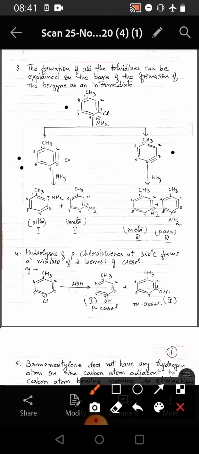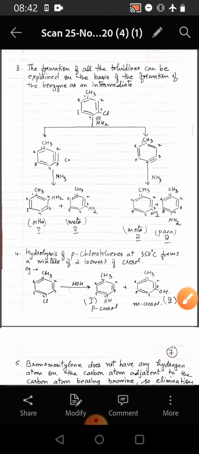So the benzyne with triple bond between C2 and C3 on reaction with ammonia gives rise to ortho product and meta product, while the benzyne having the triple bond between carbon 3 and carbon 4 gives rise to meta product and para product. So these four types of products are obtained only because the reaction is through benzyne mechanism.